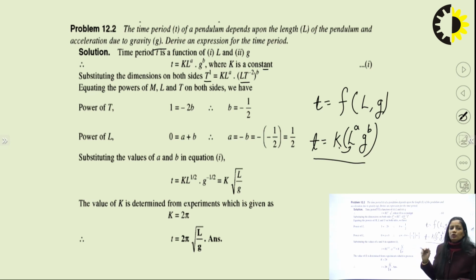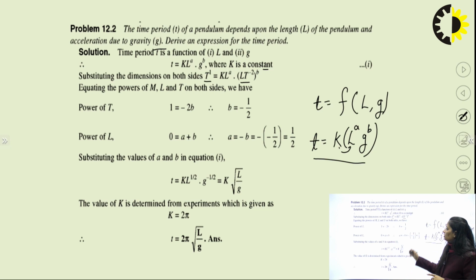Now the next step is to equate the dimensions. Here you can see only T to the power 1 is there, which means M to the power 0, L to the power 0 and T to the power 1.